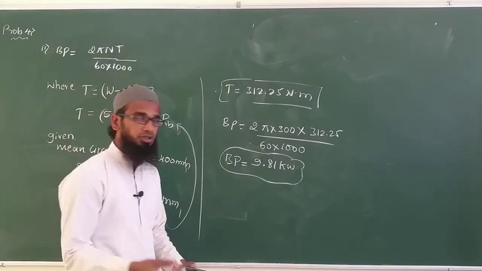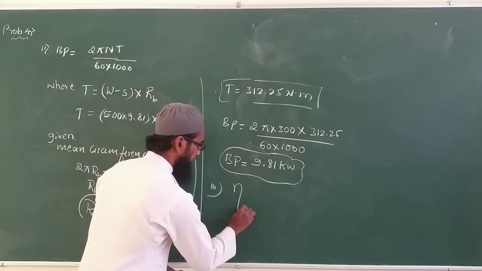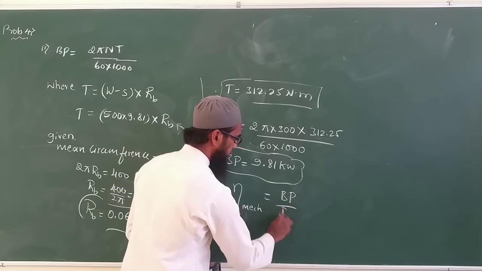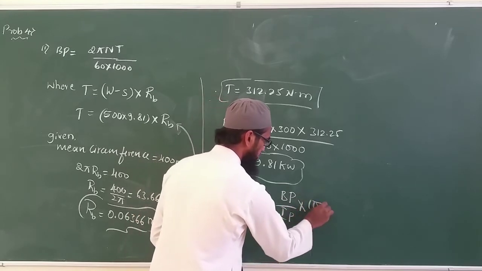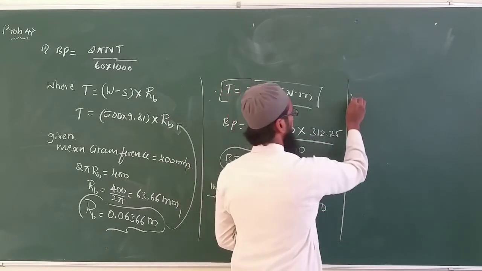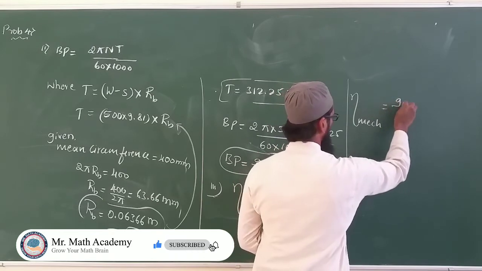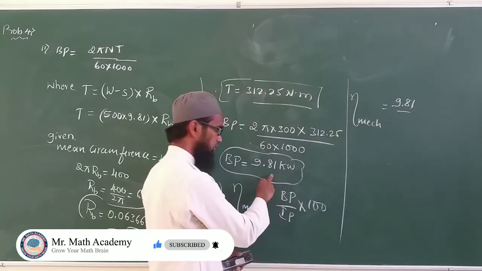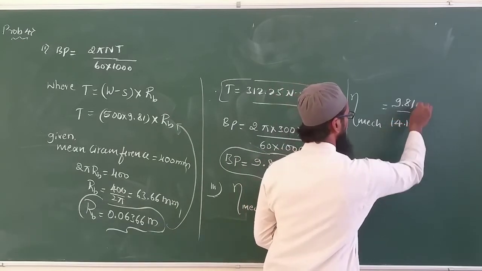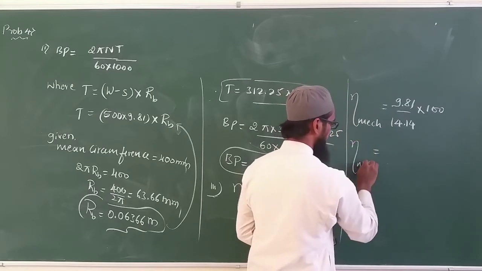Finally, we go for the mechanical efficiency. The third one is to find the mechanical efficiency, which is the ratio of brake power to the indicated power, taken in terms of percentage. So mechanical efficiency becomes brake power, 9.81 kilowatt, divided by the indicated power we have got, 14.14, in percentage.